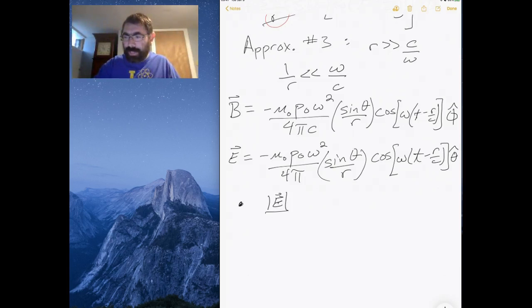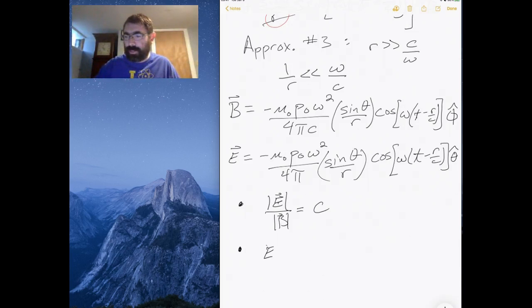So one thing we can notice is that if we just look at their magnitudes, the magnitude of the electric field divided by the magnetic field is c. So you recover this relationship that E and B basically give you the same behavior within a factor of the speed of light. The other thing you can notice is that the direction of the vectors is orthogonal, one is in the phi direction, one is in the theta direction.